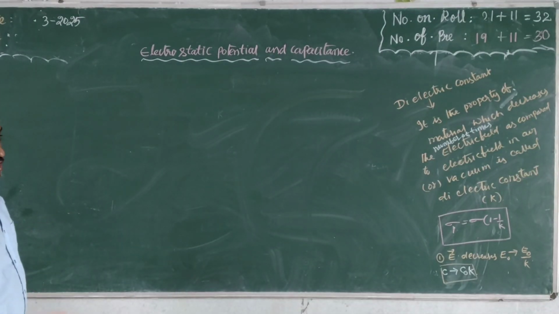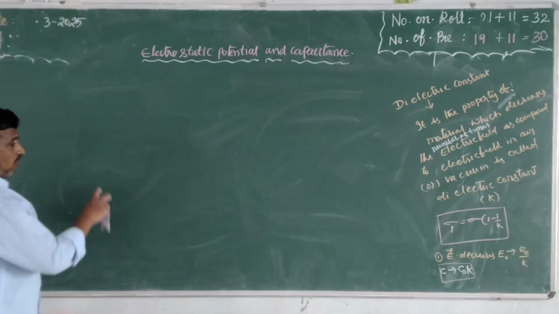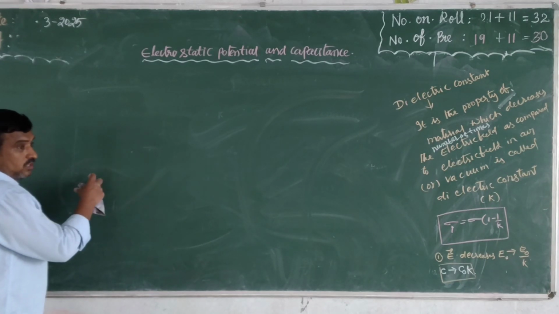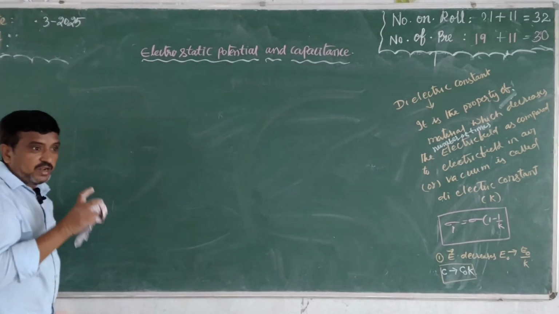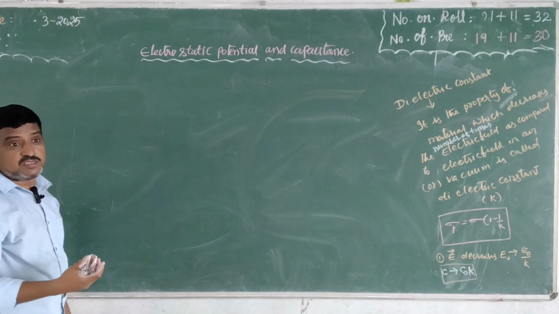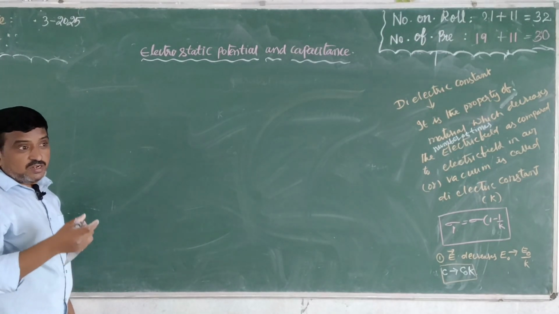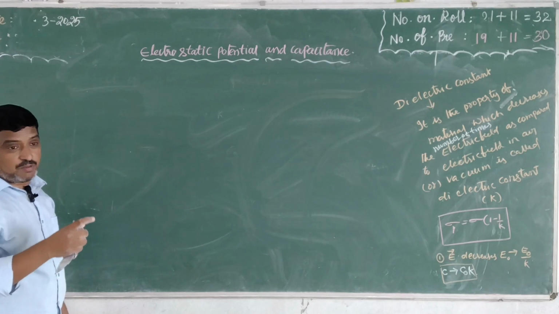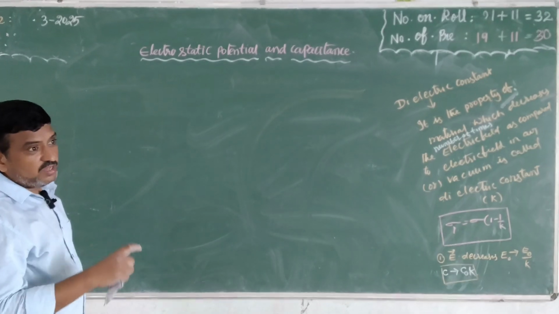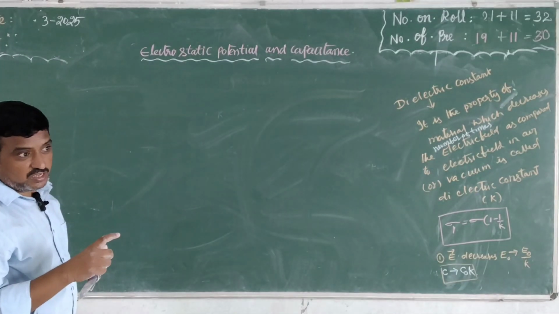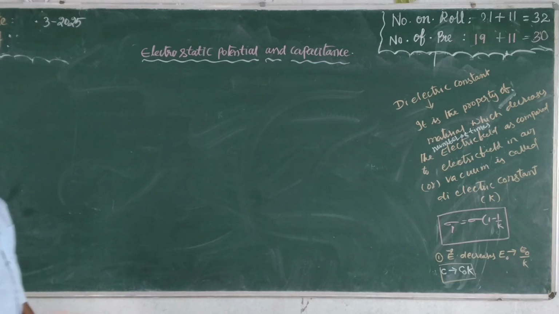The dielectric constant of metals is infinity. When a dielectric is placed between the parallel plates, it makes the capacitance increase K times.